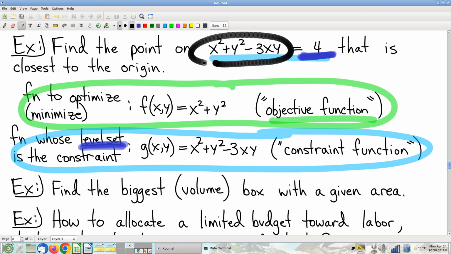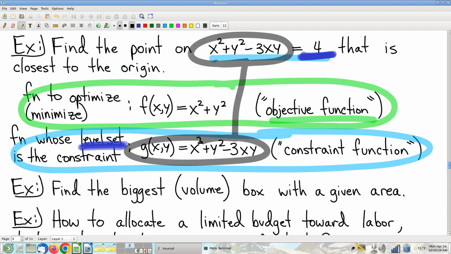So this is the function whose level set defines my constraint. That, therefore, is what we call the constraint function. Everybody with me? We're going to phrase all of our constrained optimization problems this way. We need to have an objective function to be maxed or minned, and a constraint function for which one of the level sets is our constraint.